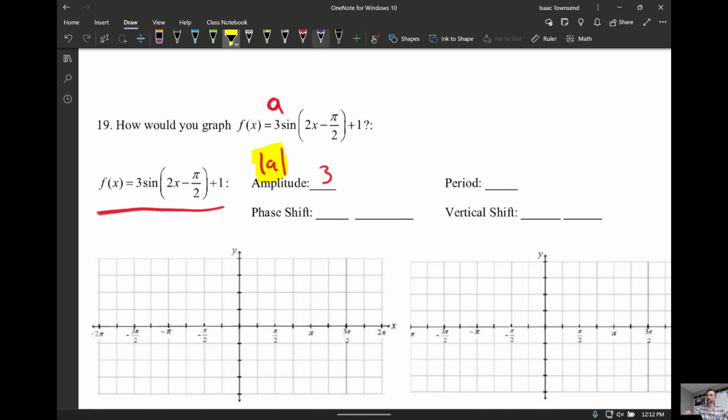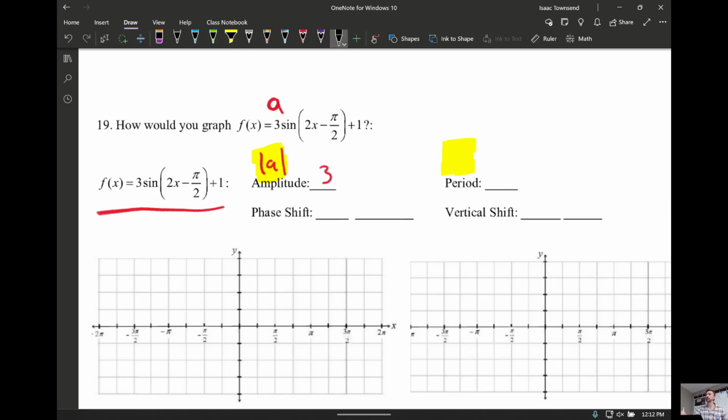Okay, somebody else have a guess for what you think period should be? 2x or 2. Nope. What's the formula for period? C over B. That's phase shift.